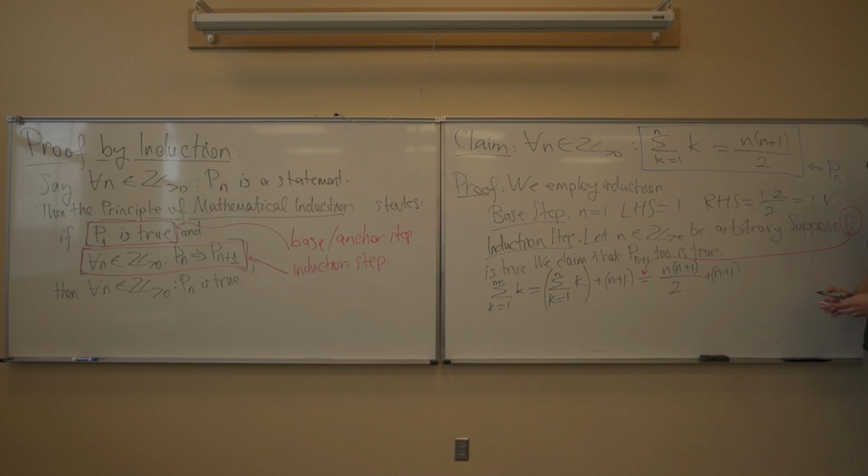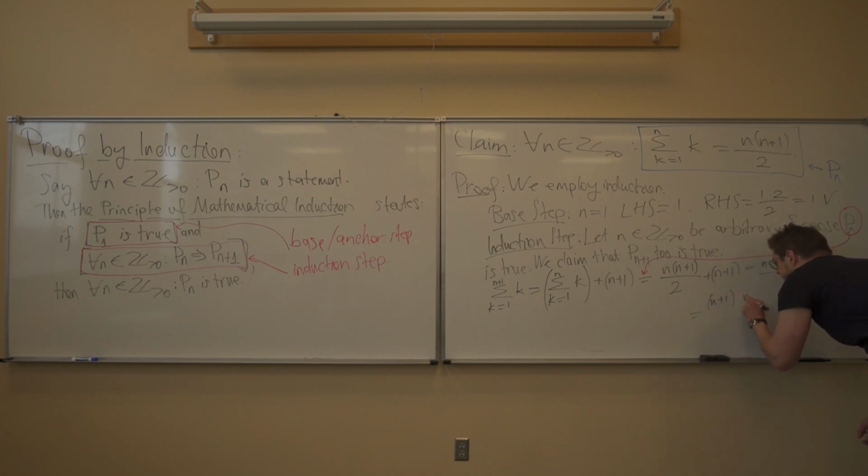Okay, consolidating, what do I have? So what I can do is multiply and divide by 2 here, n plus 1 plus 2 times n plus 1, divided by 2, but then factoring out this n plus 1, I have n plus 1 times n plus 2 divided by 2.